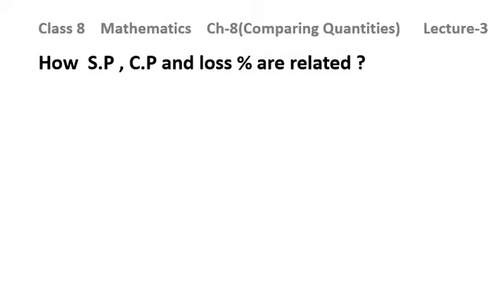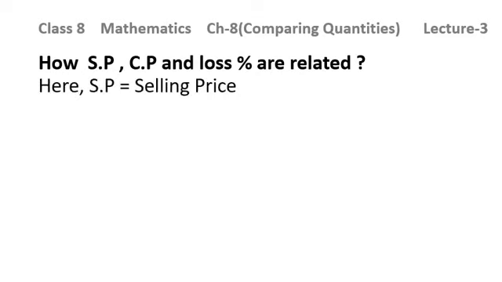Coming to how SP, CP and loss percent are related. We have learned another formula relating SP, CP and loss percent. In the previous formula, we saw how SP, CP and profit percent are related, and now we will see how SP, CP and loss percent are related.